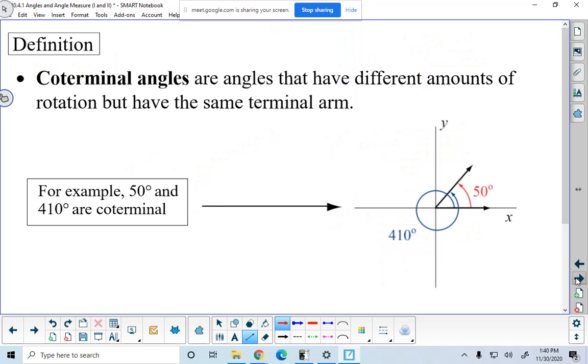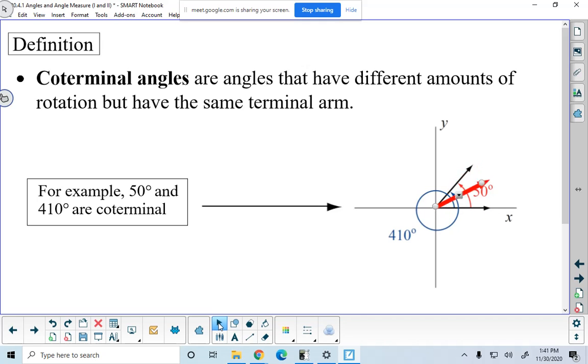Okay, now we've got a definition. This is called coterminal angles. What a coterminal angle is, or a set of coterminal angles, are angles that have a different measure but the same final location. So if you take a look at 50 degrees, I start off at 0 degrees and I rotate counterclockwise 50, I end up there.